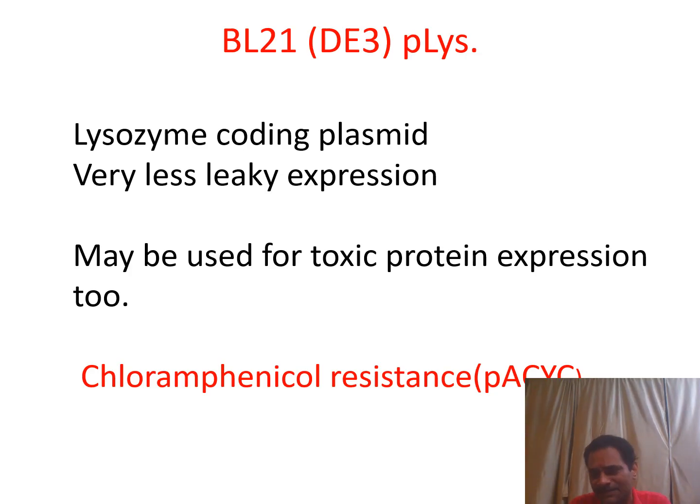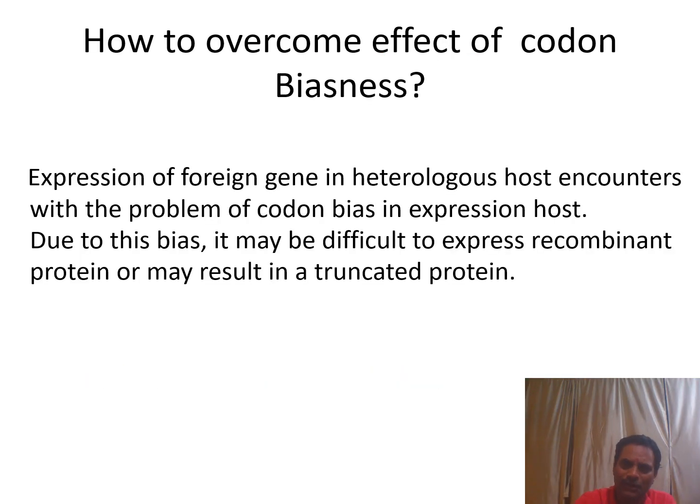Since the number of cells in the media is sufficient, even if the cells are not growing now, production is sufficient. So if we are facing the problem of toxicity, then we should not use BL21 DE3, we should use BL21 DE3 pLysS. Even in lysozyme, there are pLysE and pLysS variants. I'm not going to discuss that in detail now.